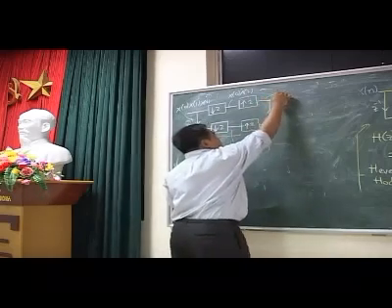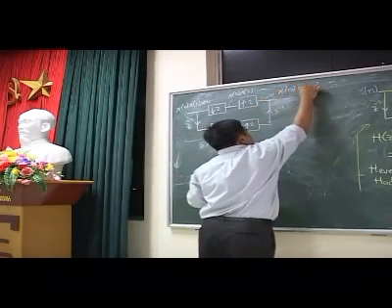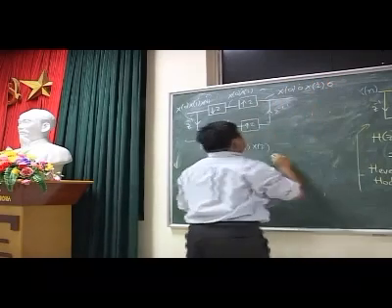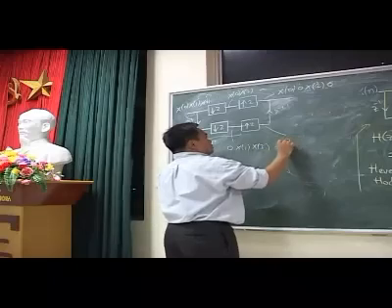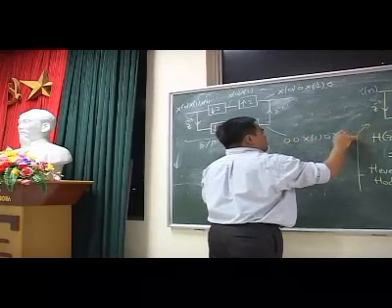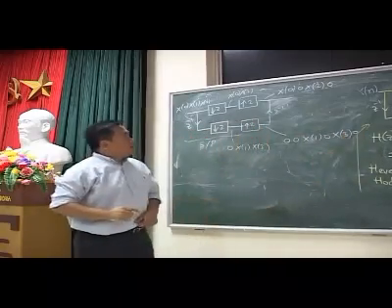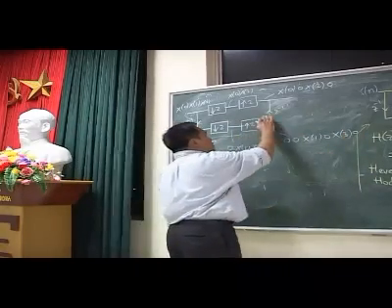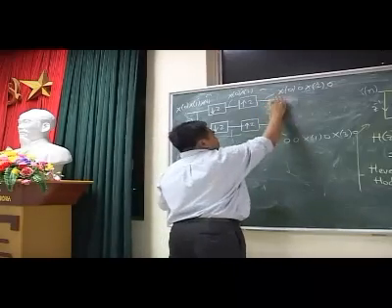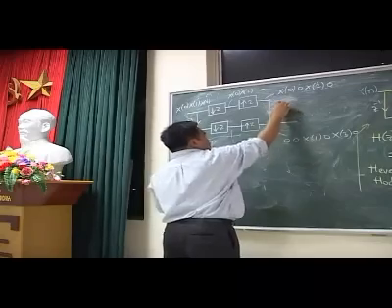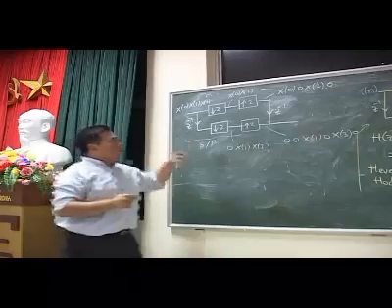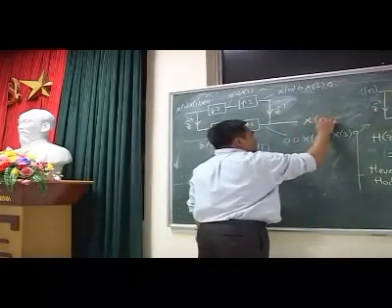What is that? x0, 0, x2, 0, here, 0, 0, x1, 0, x3, 0. No, I need to delay the other way. Right? If I do this, then I have x of n minus 1.